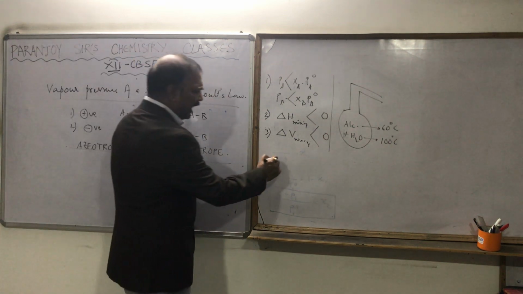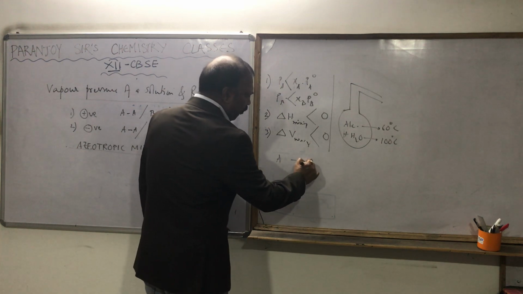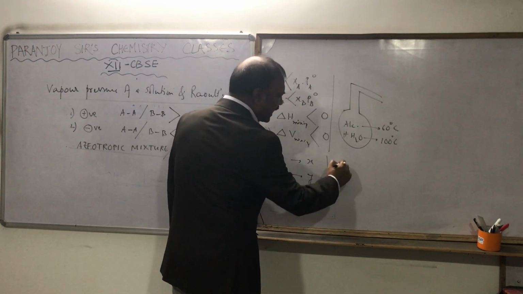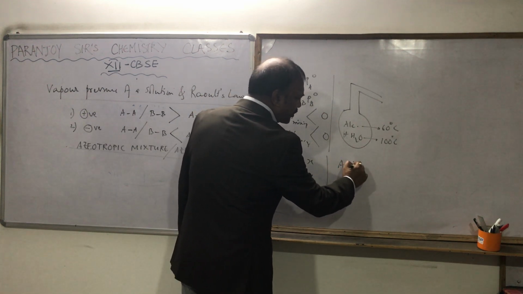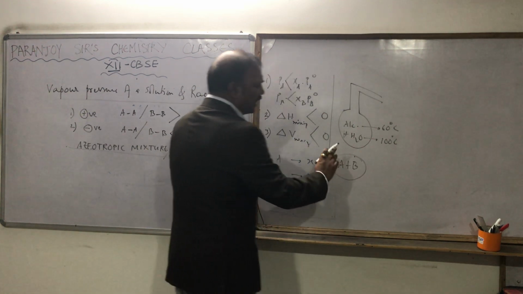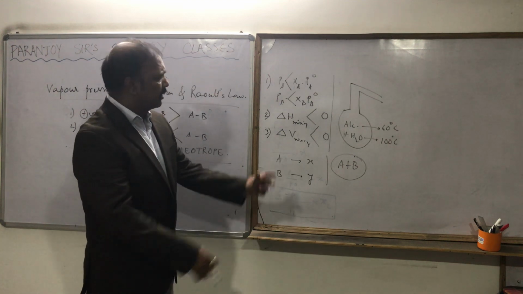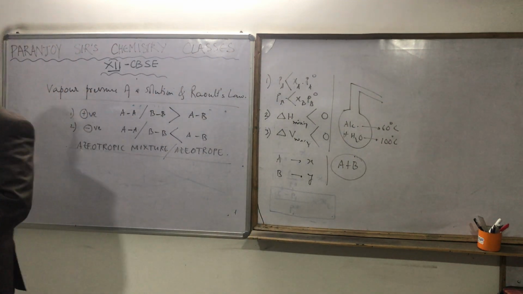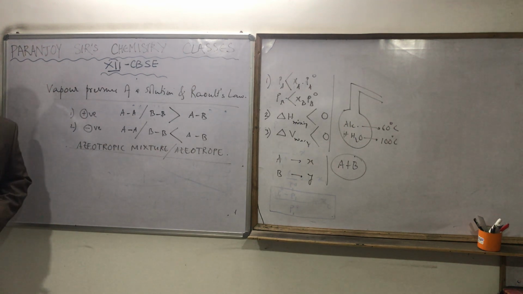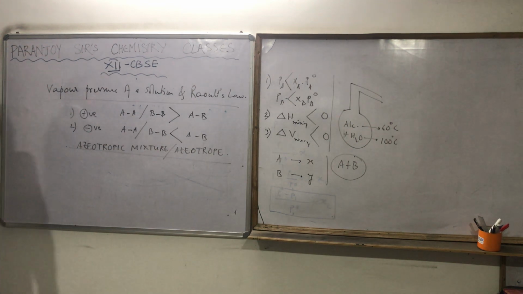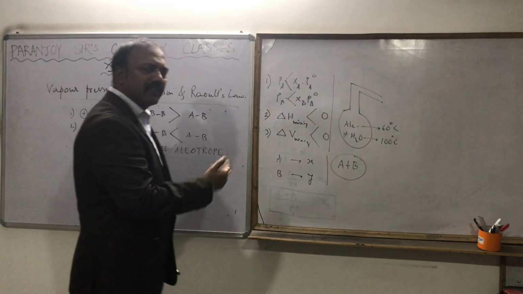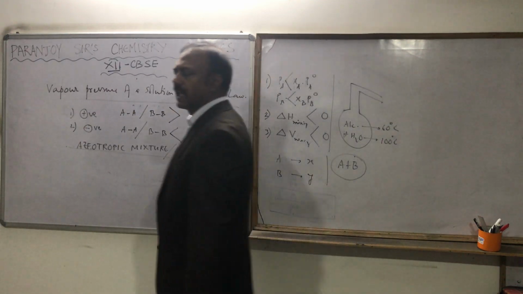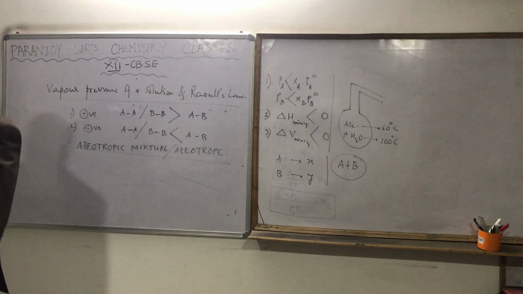For example, suppose A is boiling at X, B is boiling at Y. When we take a fixed proportion mixture of A and B, this will boil either at greater than X and Y, or at less than X and Y. If it boils greater than X and Y, we call it positive azeotrope, and if it boils at less than this, we call it negative azeotrope.